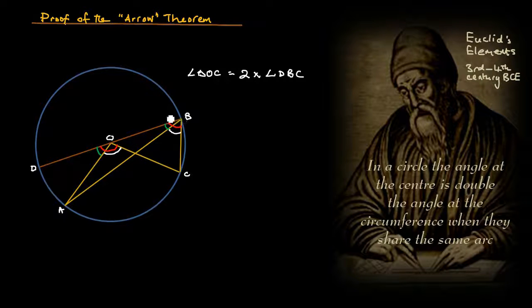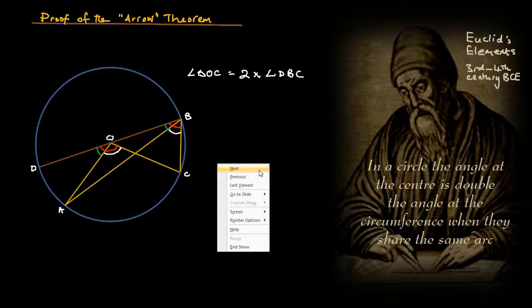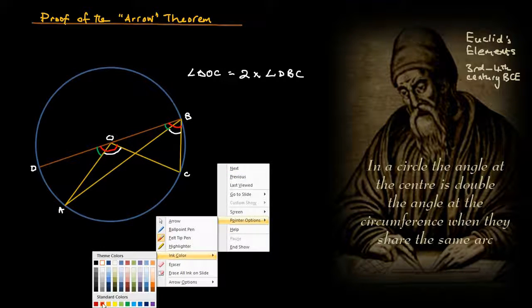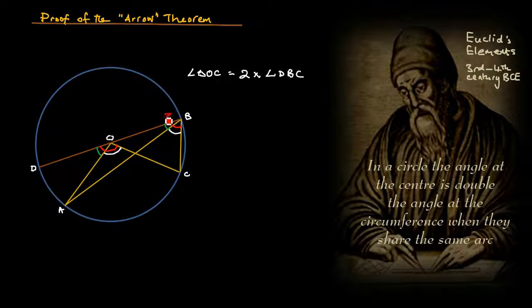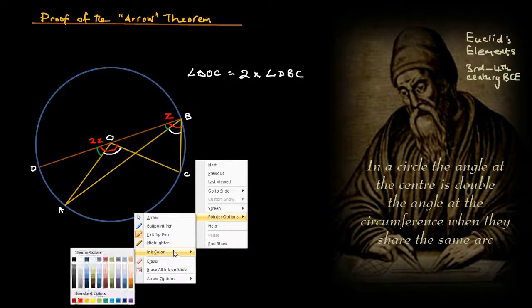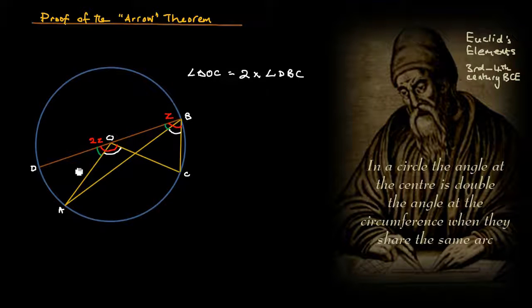So I'm going to call this angle Z, so we'll call this red angle Z. Let's mark it in red then so we can see it clearly. And by the same proof that we used before, this angle then must be 2Z. Okay, so completing our statement, we've got angle DOC is 2 times angle DBC. In other words, we're defining that as 2Z.